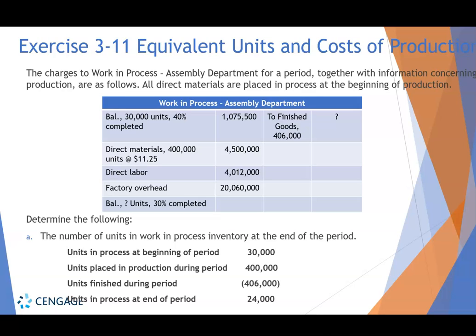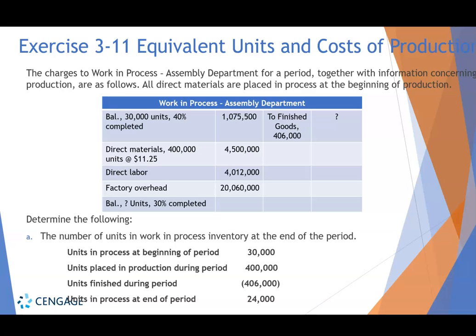So units finished during the period are 406,000. Therefore, our units in process at the end of the period need to be 24,000, because we see we have the units in process of 30,000 at the beginning plus the 400,000 we put in.